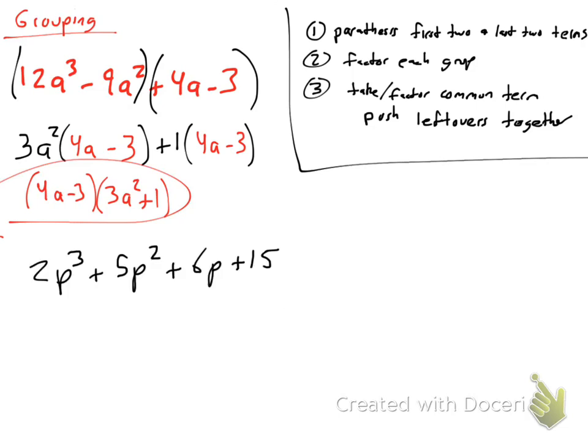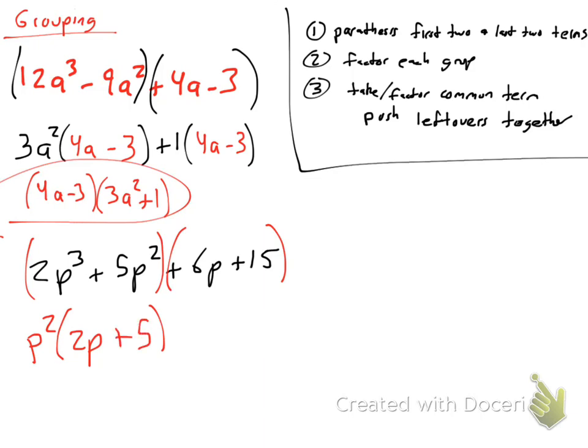So let's try this one more time. This time we have p's, that's okay. So put parentheses around the first 2, the last 2, and now we start to take. 2 and 5, I don't think I can take anything from a 2 and a 5, but I can take p squared. So if I take p squared out, I'll be left with 2p plus 5.